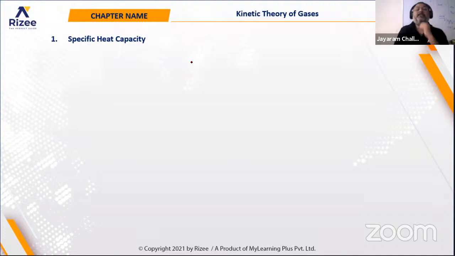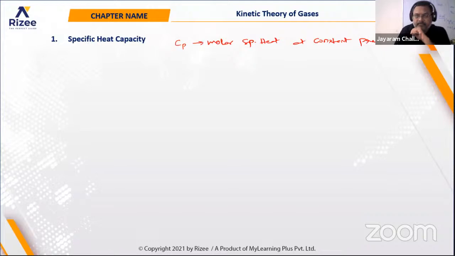There will be two types of specific heats. One is CP, which is called the molar specific heat at constant pressure, and CV is called the molar specific heat at constant volume.